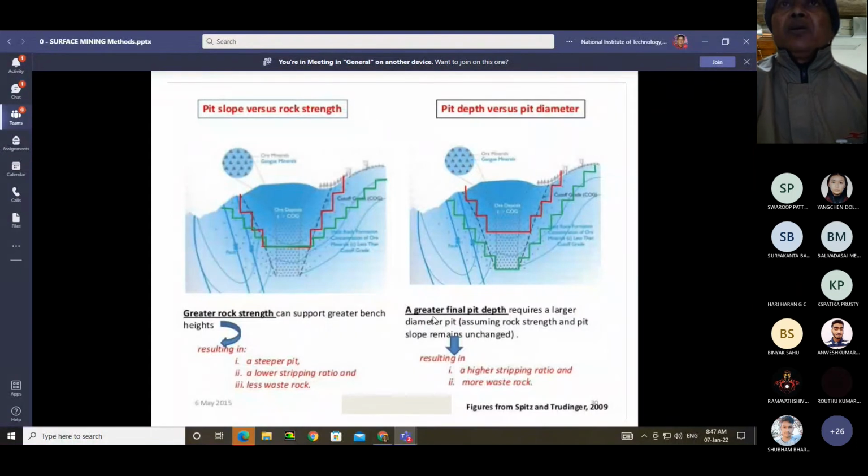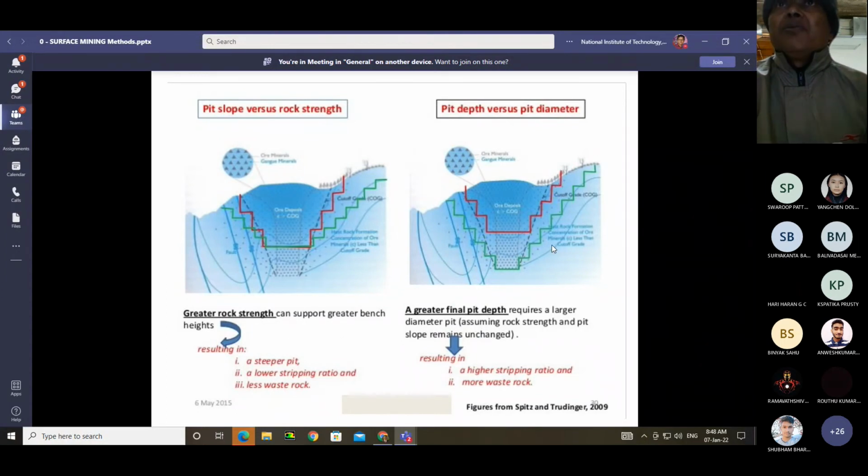And a greater final pit depth requires a larger diameter pit, assuming rock strength and pit slope remain unchanged, resulting in a higher stripping ratio and more waste rock to be handled. So this is the diagram through which you can explain that if the rock strength is more, it can support greater bench heights, which will result in a steeper pit, lower stripping ratio, and less waste rock to be handled.